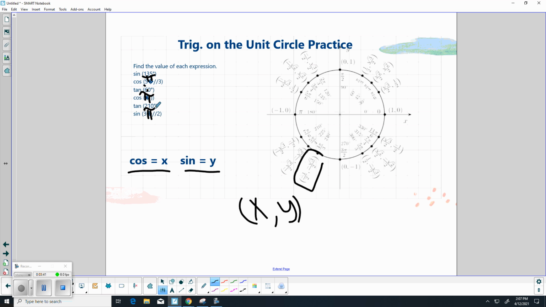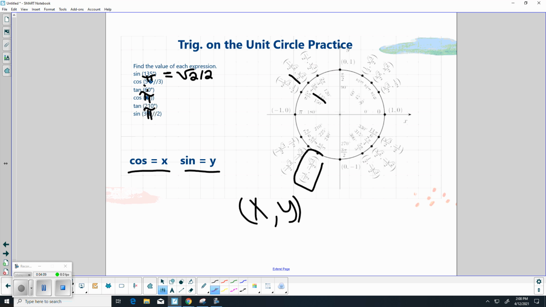So what we do is we find 135 on the unit circle. 135 is right here. Then we find our y value, which is the second value. So this is equal to square root of 2 over 2. And that's all we have to do. Then our second one is cosine 5 pi over 3.